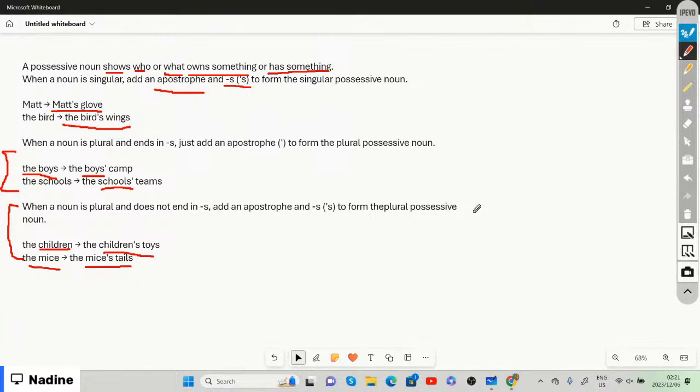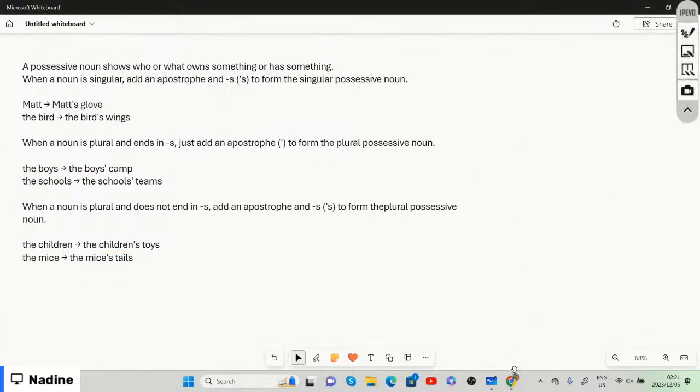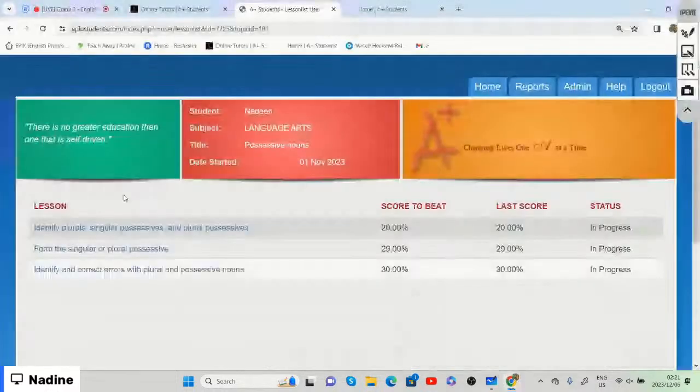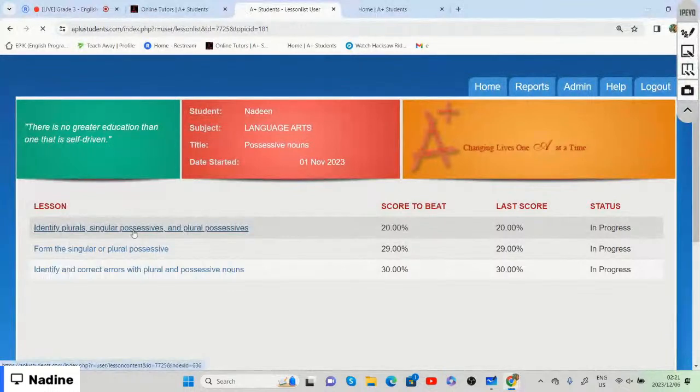All right. Let's go to a+students.ca where we're going to do an activity as well as our test. And we're going to start with identifying plurals, singular possessives, as well as plural possessives.